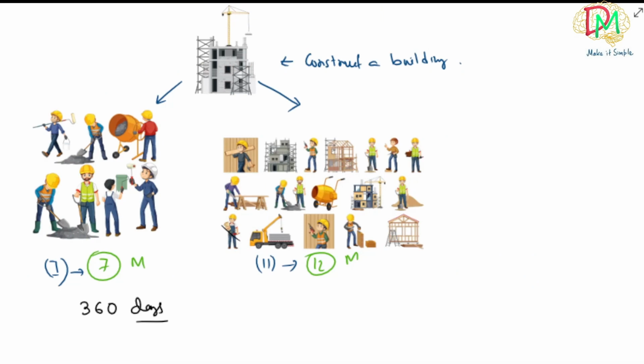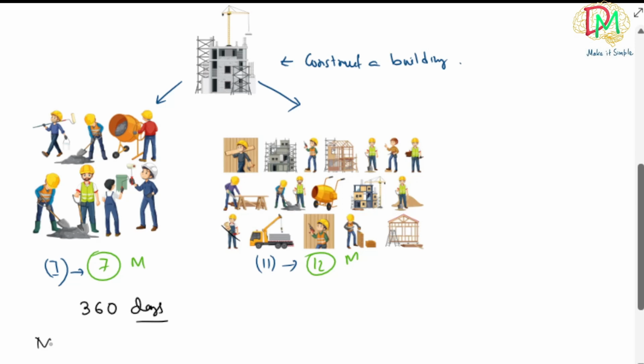Let's take one example of constructing a building. Here multiple activities are there, so we consider the unit of work as man days. How can we find out this value? On the left side, 7 men are working here, and they construct this building in 360 days. So how can we find out the man days?